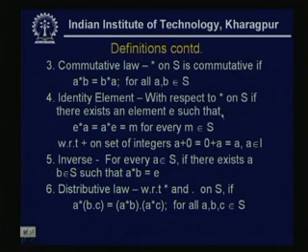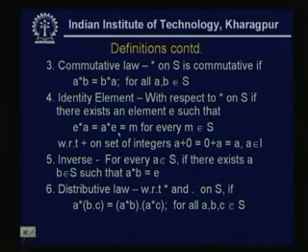Again we take the same operator star on S. If there exists an element E such that E star A equals A star E, that means the operator takes two operands, E first and then the element A, and A first and then the same element E, and the results are the same, equal to the same A for every A belonging to S. That means the result is again one element in the same set S. Then we call that, with respect to the operator star, E is the identity element of the set S.